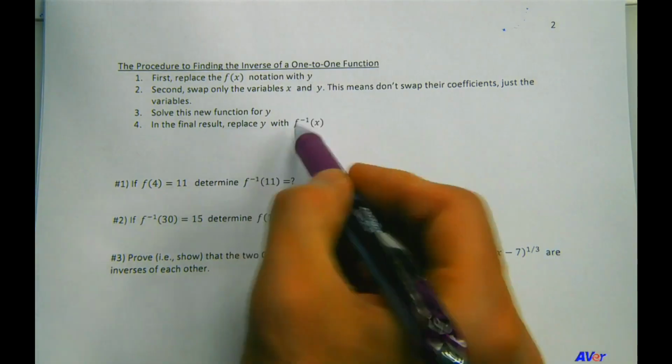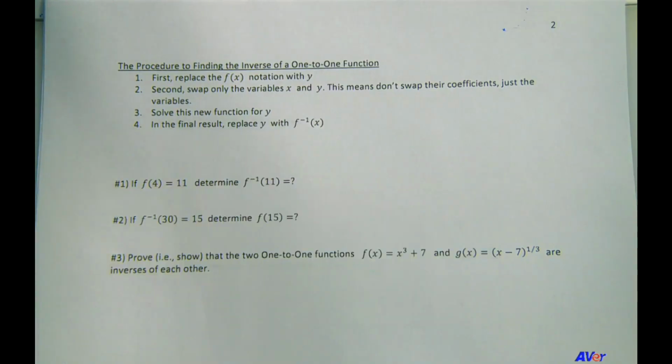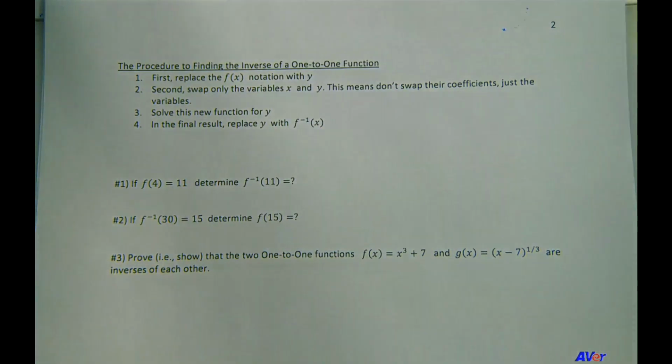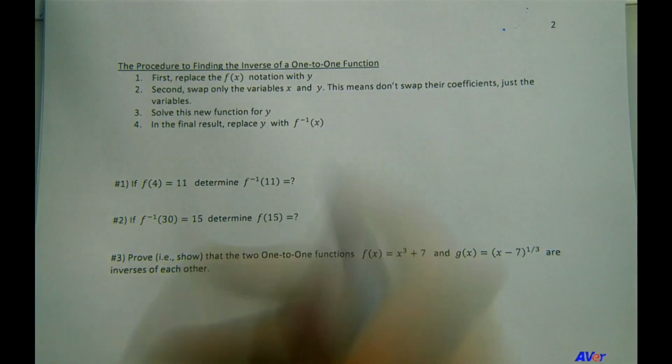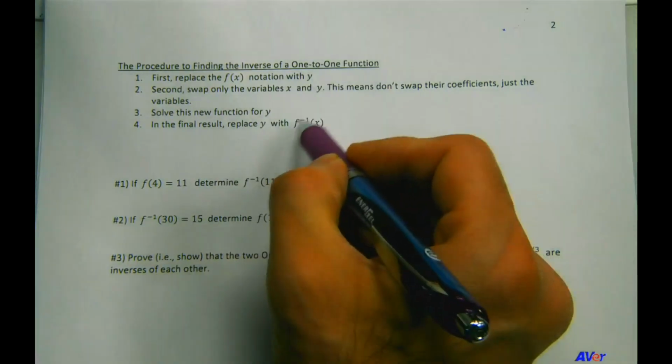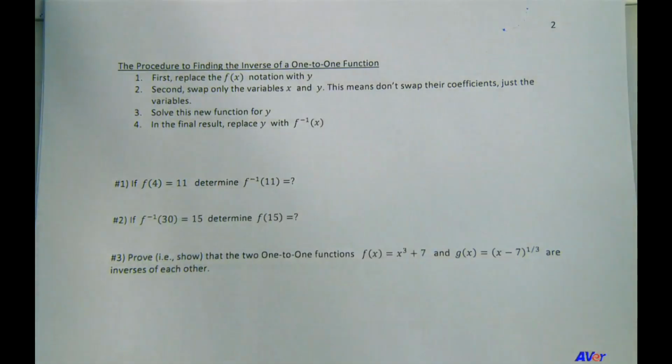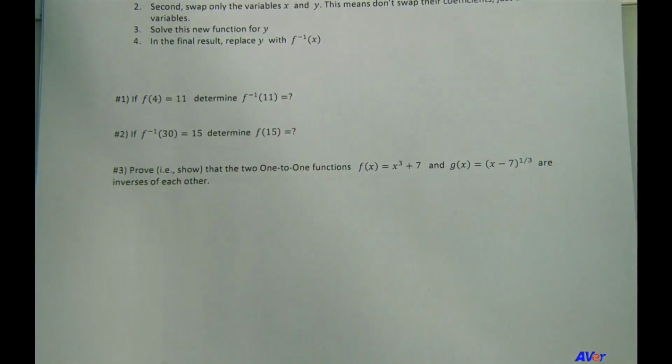Okay, that's how we read that. And this letter has to do with which letter was used in the original function. If the original function had the variable h of x, then this would be inverse h of x function. Okay, so now here's our first example.